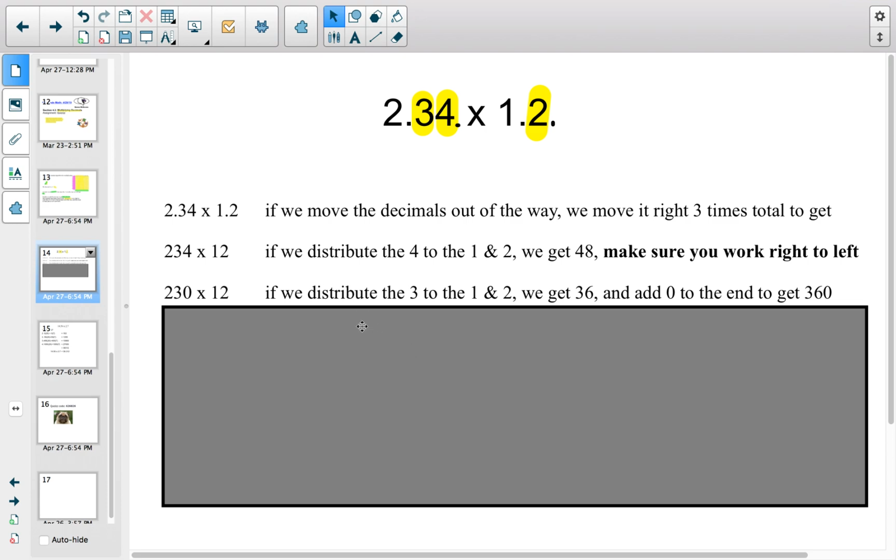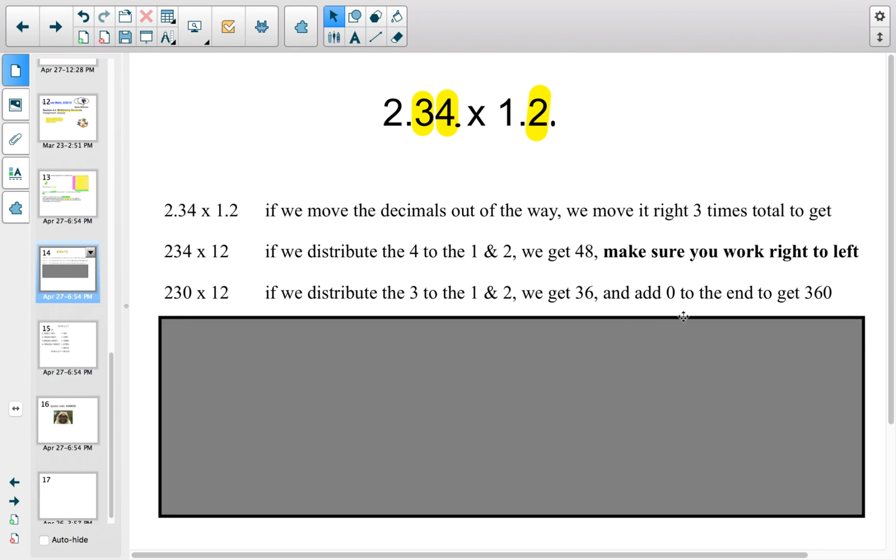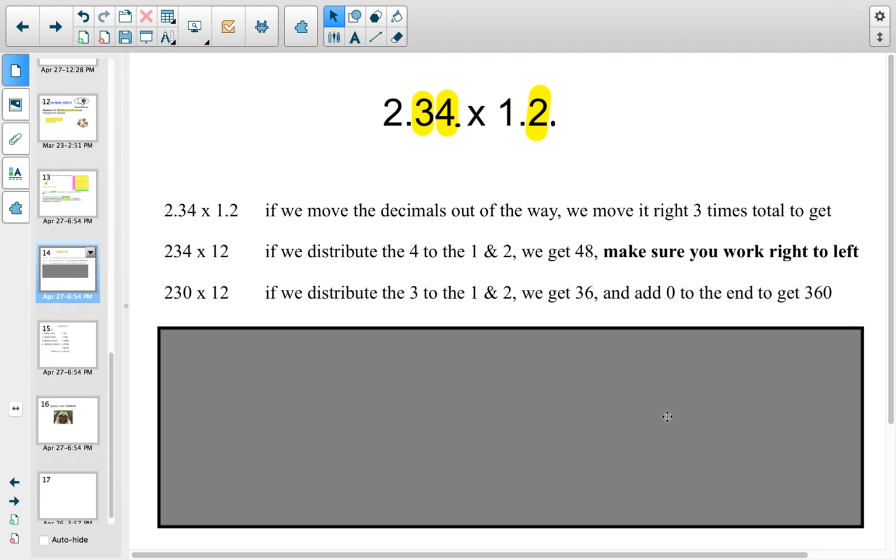We're really doing 3, but since it's 30, we distribute to the 2 and the 1. 3 times 2 is 6, and 3 times 10 is 30. But since we have to add zeros, since we're in the 10s spot right here, it'll be 360.